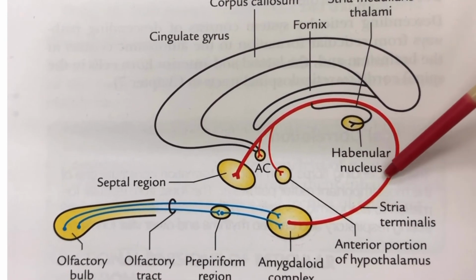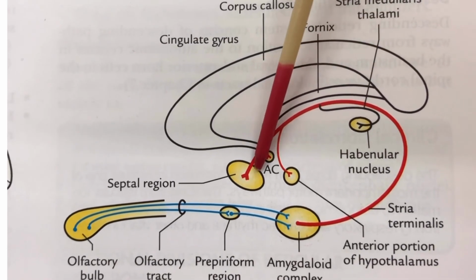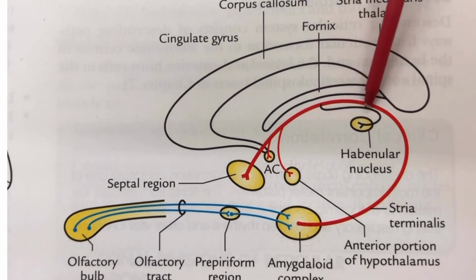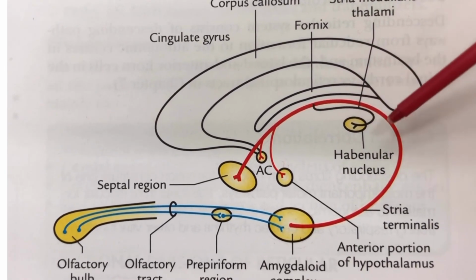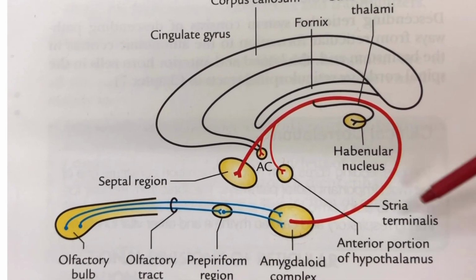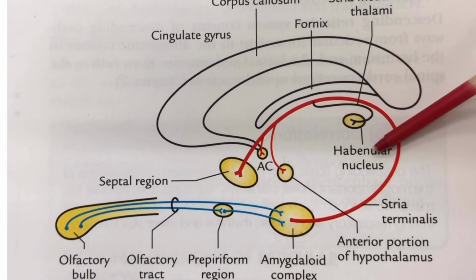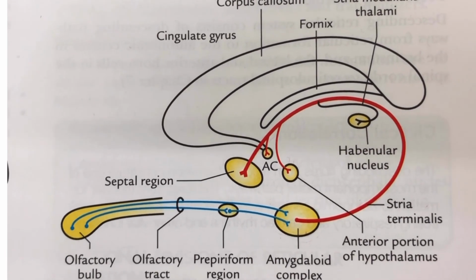Before it terminates in its respective places, some of the fibers take a recurring course, and these fibers terminate in the habenular nucleus. These fibers from the stria terminalis, which terminate in the habenular nucleus, are known as stria medullaris thalami.